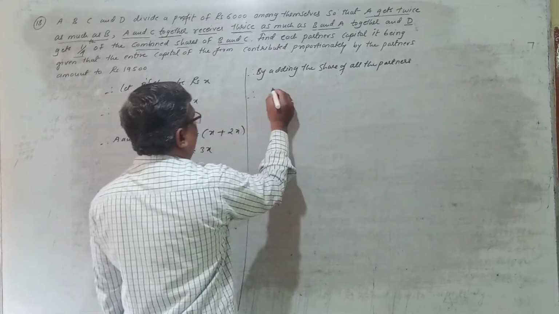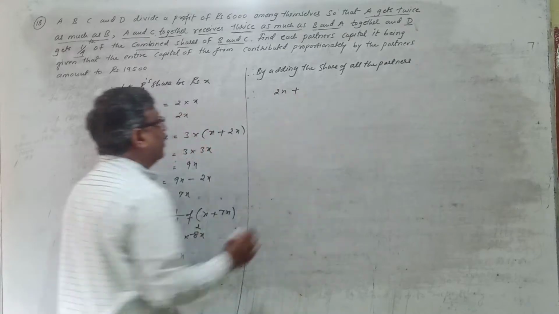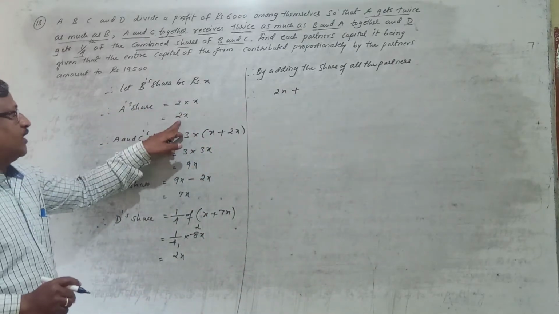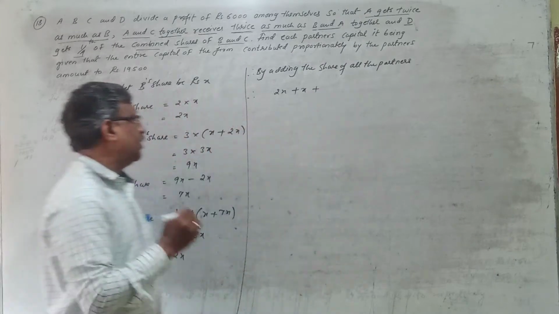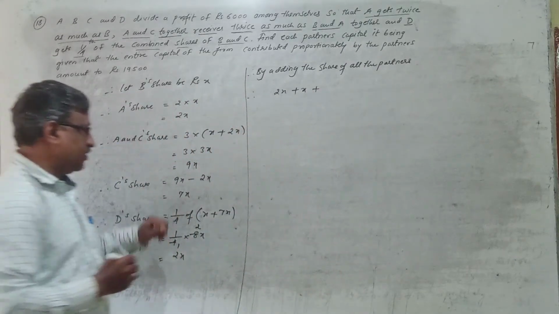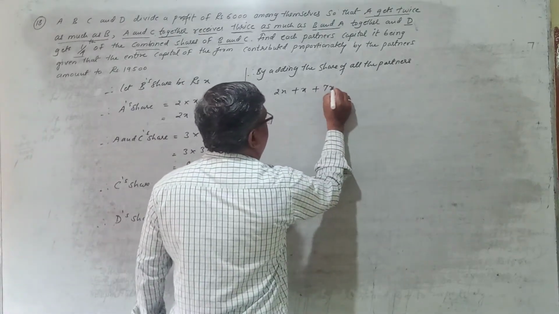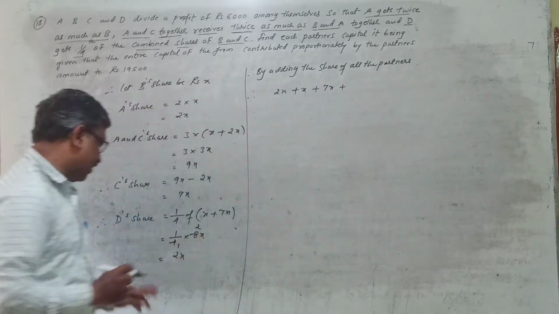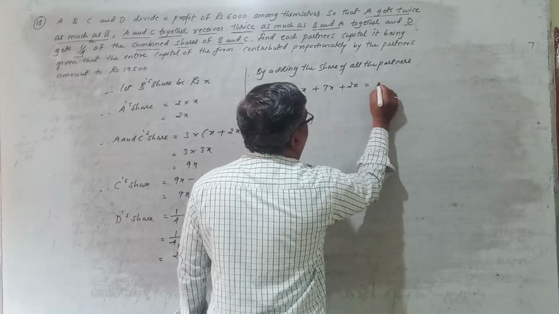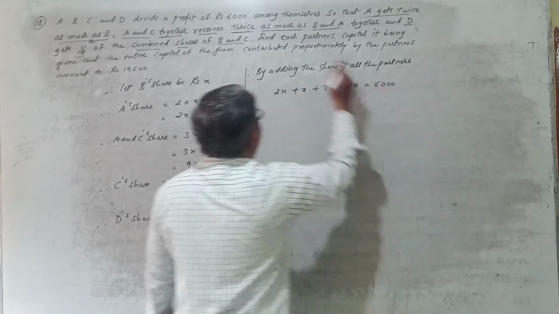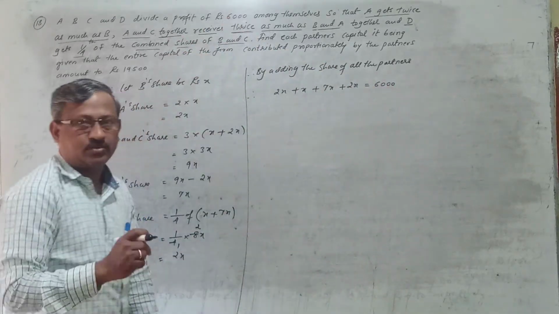So A's share we have calculated is 2X, plus B's share is X, plus C's share is 7X, plus D's share is 2X, equal to the total profit given in the problem, which is 6,000.